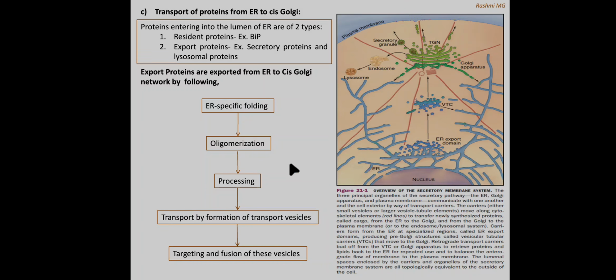So what are these vesicles? Vesicles are specialized coated regions of membranes which help in the transport of proteins. They are surrounded by coat proteins. They are surrounded by what?